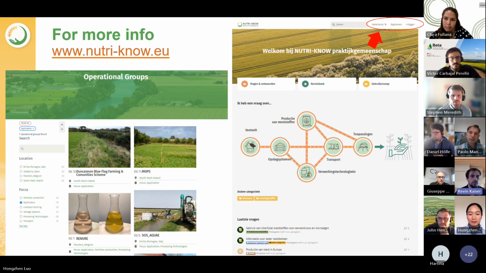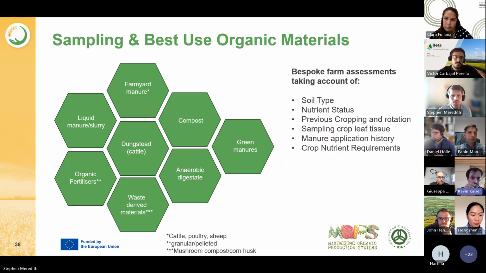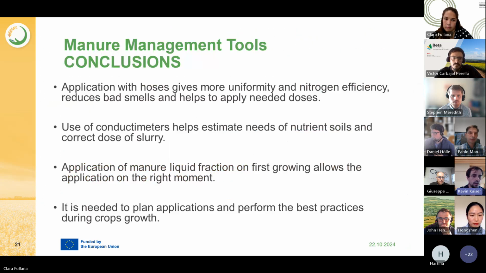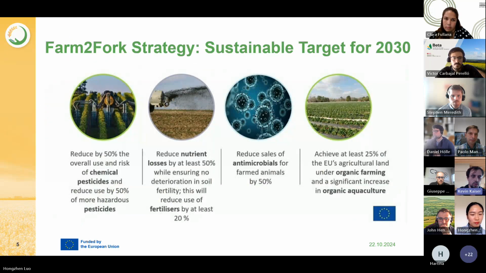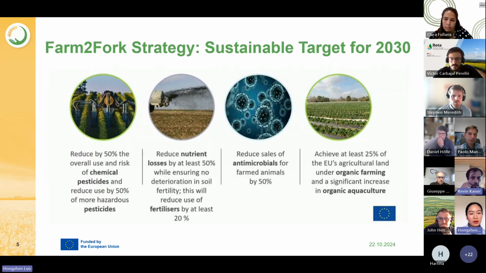Is it possible to go back, because there are some, let's say it in a rough way, a little bit superficial claims made, but I'm interested if that information is to be found in the booklets, or do you have a source where I could get these details, such as reduction of fertilizers by 20% and so on. Is this info available in your booklets, or are these claims made by findings from your project?